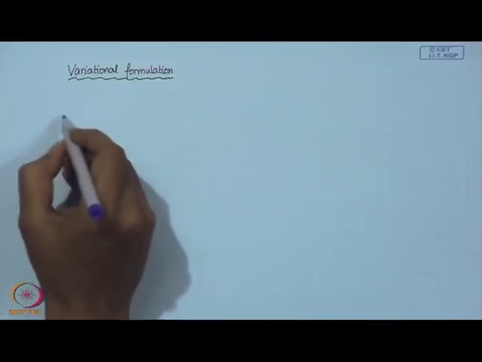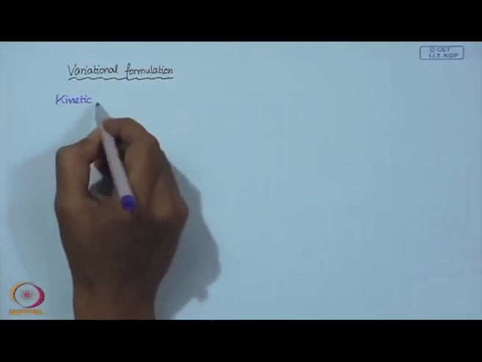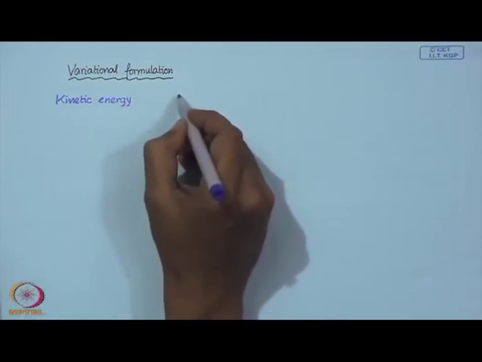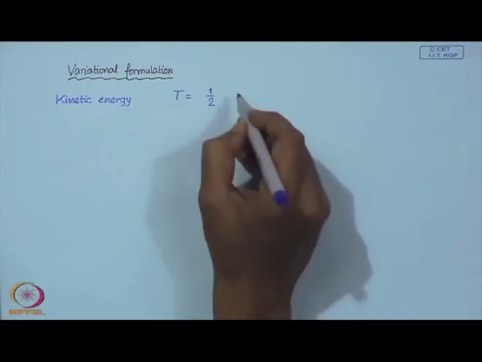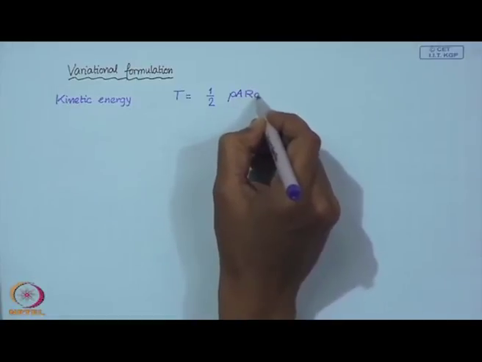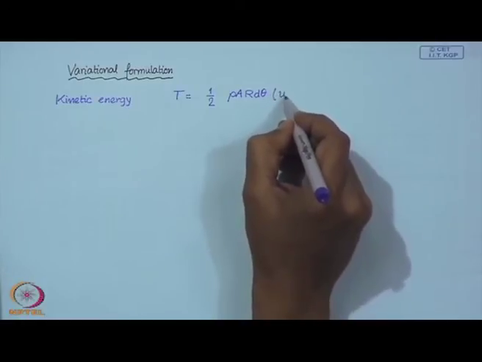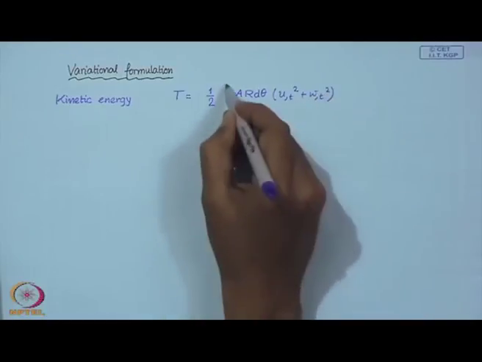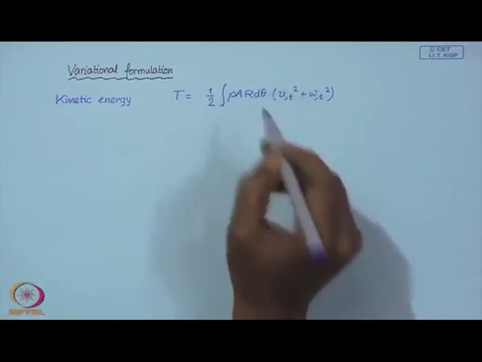So, we start by writing the kinetic energy. It is 1/2 the mass of the little element times the velocity squared, and this integrated over the full beam.